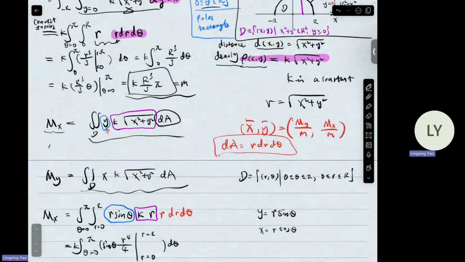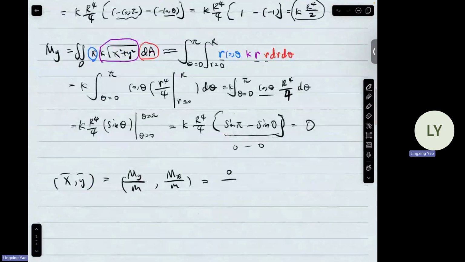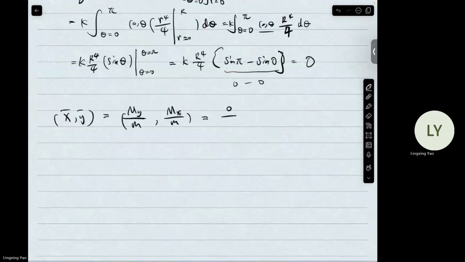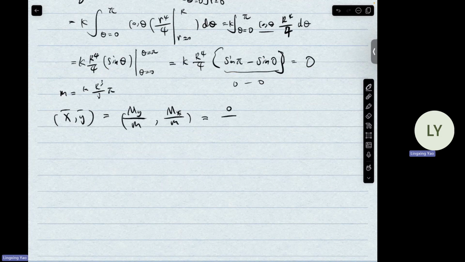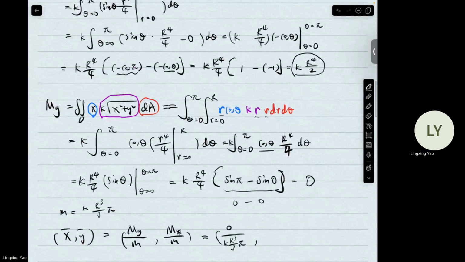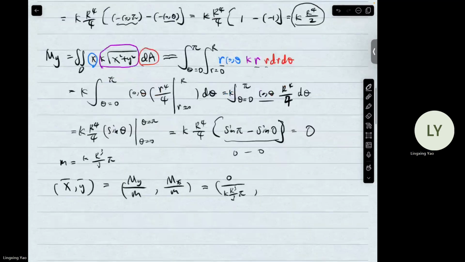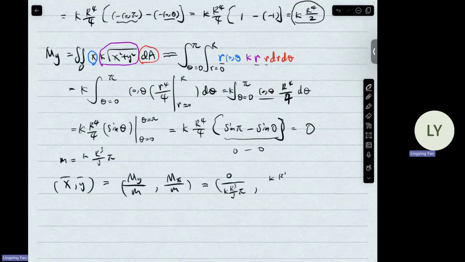Yes, this is M. Remember, M is k times R cubed over 3 times pi, right? And this is k R to the 4 over 2 divided by the mass.